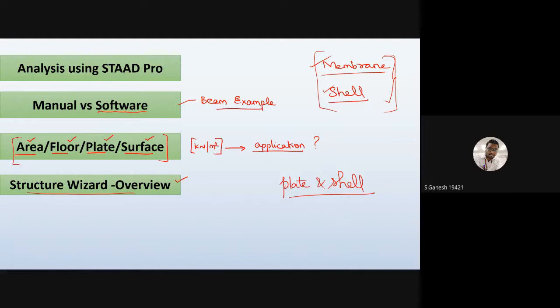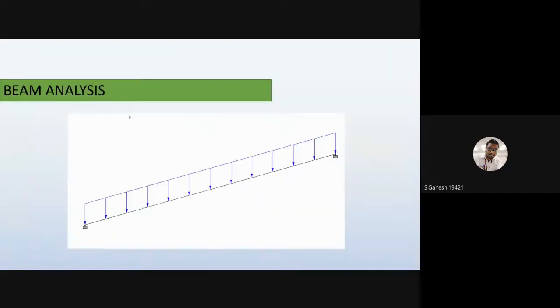That is highly useful. So the tip for the day is, after this session, take any structural analysis book and do this same example. You can work out a fixed beam or simply supported beam.